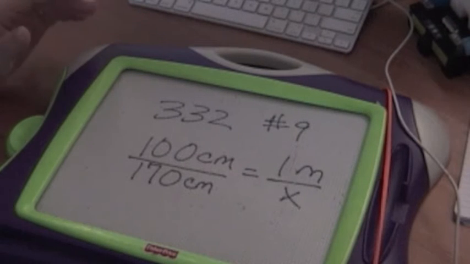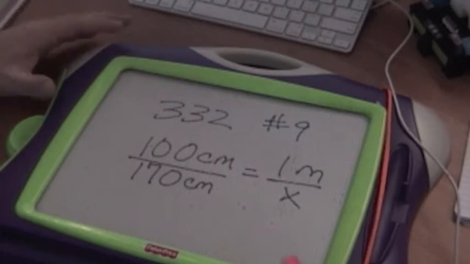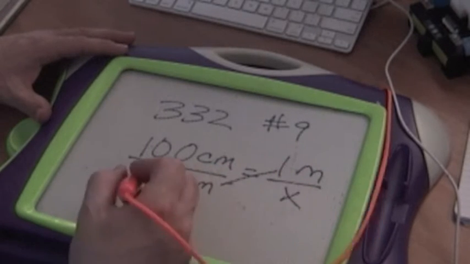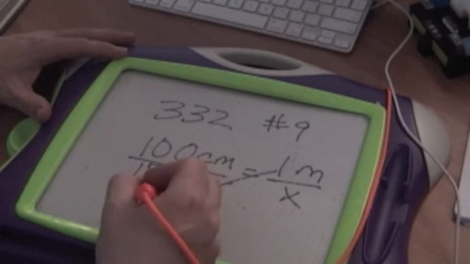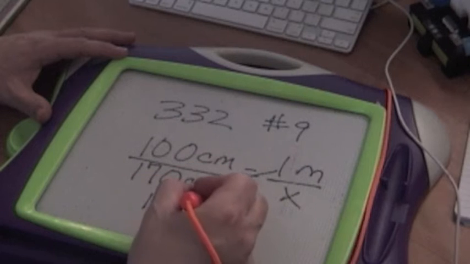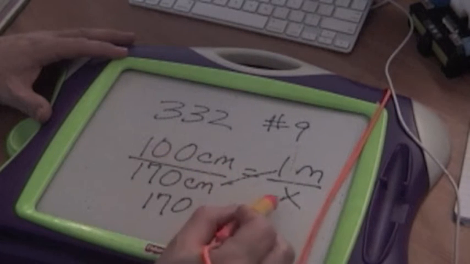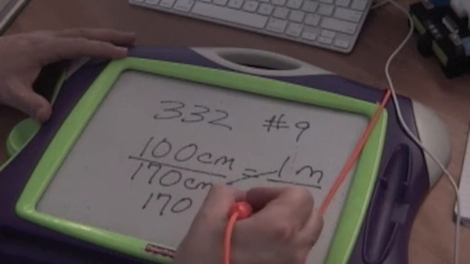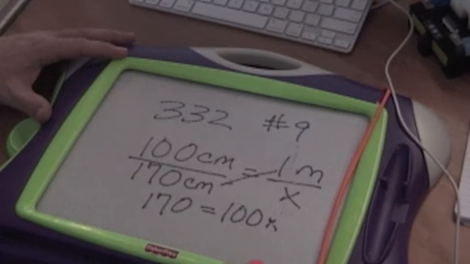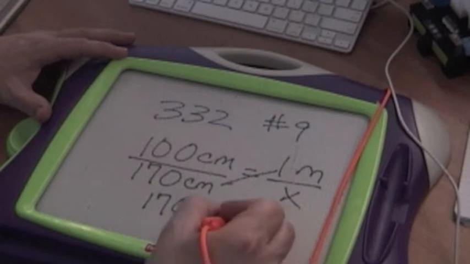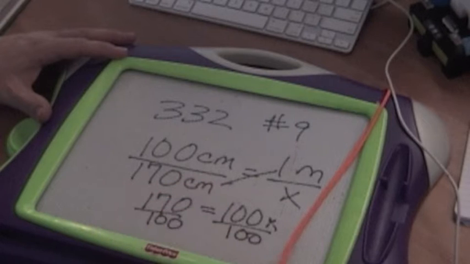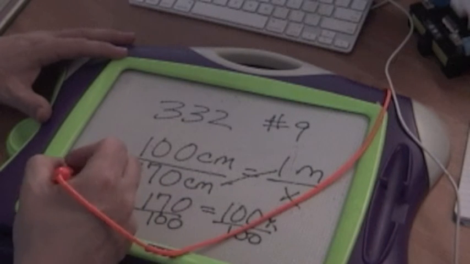Once you have it set up, it's the same thing each time. You cross multiply. 170 times 1 is 170 equals 100 times x, which is 100x, and then you divide by 100. And x will equal 1.7.